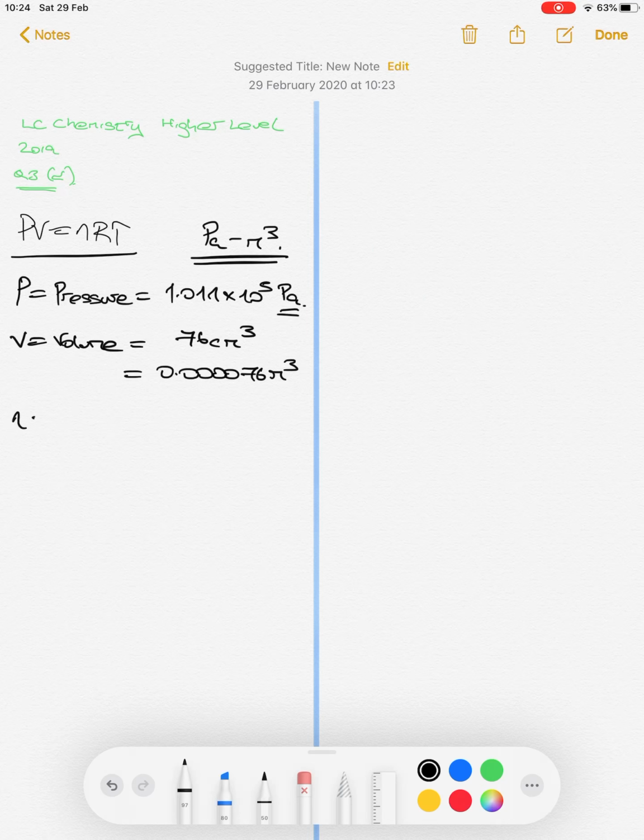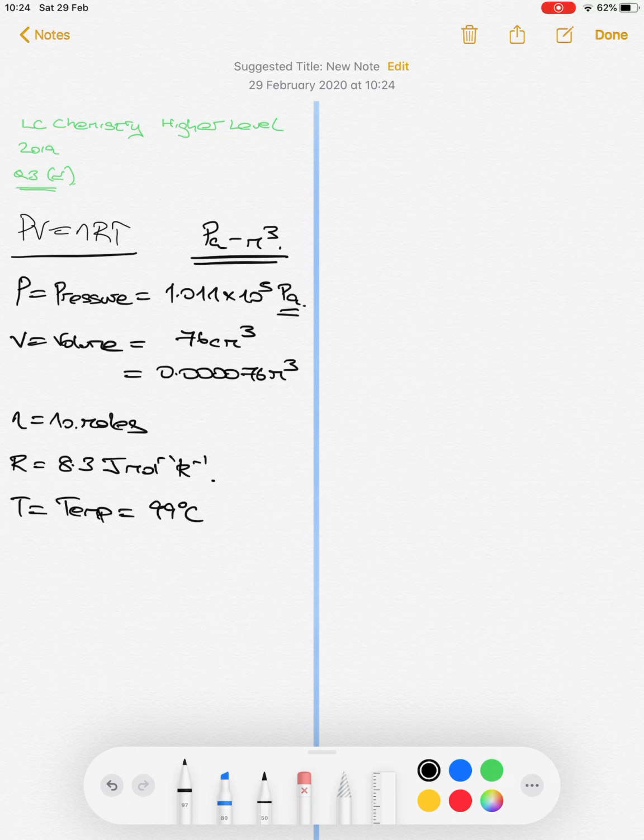N is the number of moles, which is effectively what we have to work out initially. So we'll come back to that. R is the gas constant, which is 8.3 joules per mole per Kelvin. You'll find that value on the front of the Leaving Cert paper. And T is the temperature of the reaction vessel. Now, in this particular question, the temperature value is given as 99 degrees Celsius.